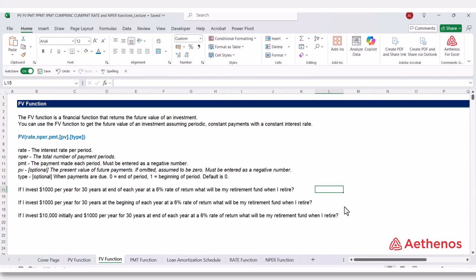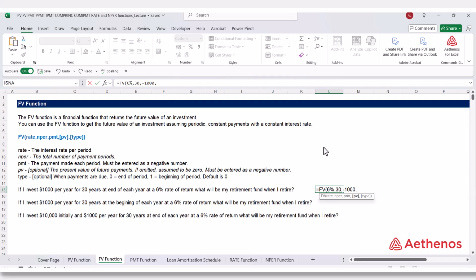So we can write the function equals FV, and the rate we can type 6%, or we can put 0.06, and then the number of payments is 30 years, so 30, and we are going to have a PMT of minus 1,000, as PMT is negative.